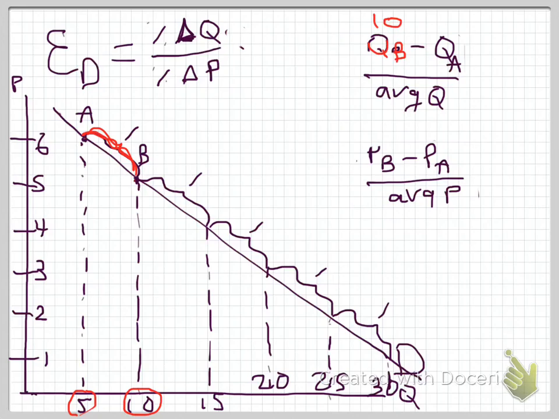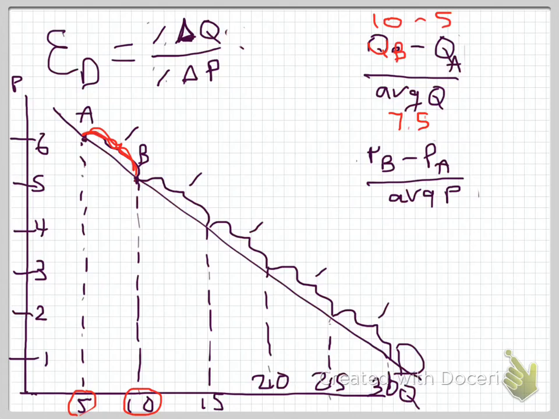So quantity A was what, 5? So 10 minus 5 will be in the numerator of this fraction, and the average of those is also the midpoint. So you can look at it and say halfway between 10 and 5 is what, 7.5? Or you can add the 2, 10 plus 5, and divide by 2, because there's 2 we're looking at, the endpoints, right? 10 plus 5 divided by 2 would be 7.5.